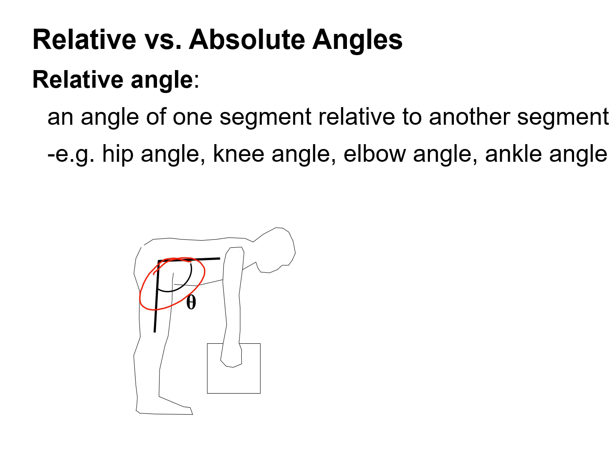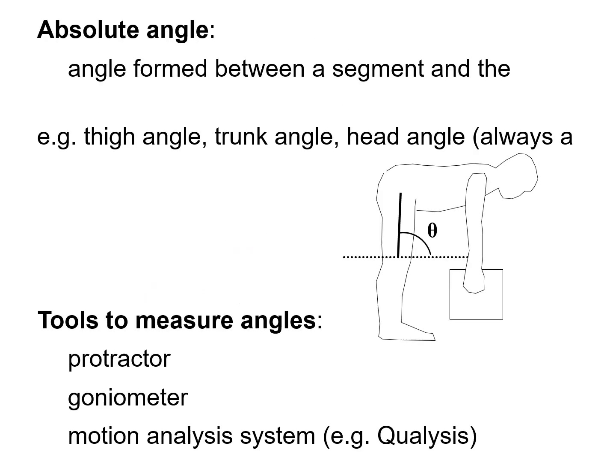This is where we're looking at segment analysis of angular kinematics. We're determining the angle between one segment and another segment. And if you've heard of the term range of motion, we're really looking at relative angles. And the origin of our angle is always at a joint.